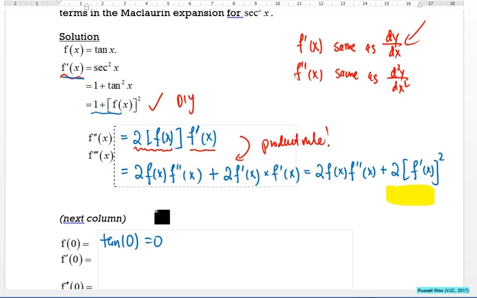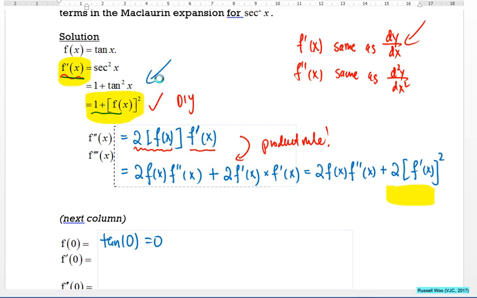I'm just going to say that at x equals 0, I know f(0) is 0. So I'm going to say this is 0.